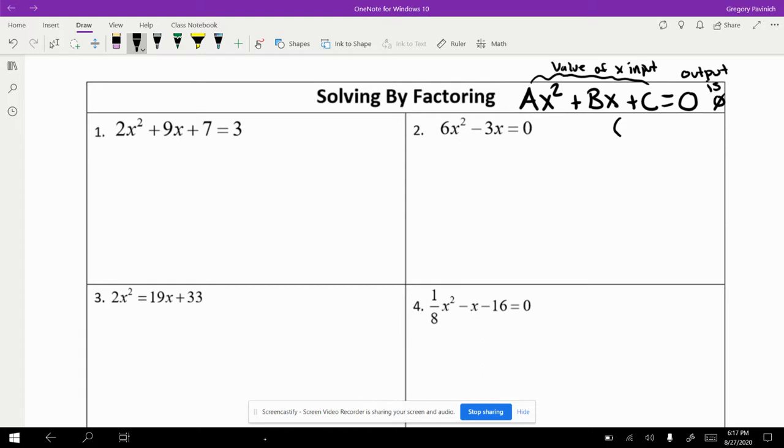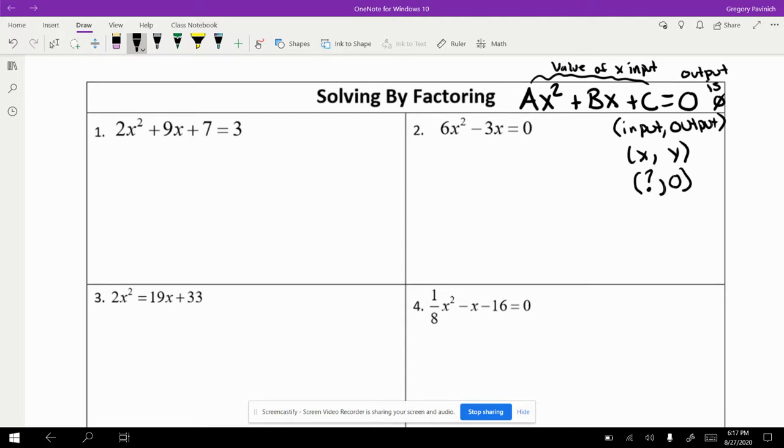And if you remember, input comma output, right? x comma y. So I want to know what is the value of my input when my output isn't a question mark. Like, I don't know what my x is, but I'm going to specifically say the output is going to equal 0. Okay, that's an important part, right?